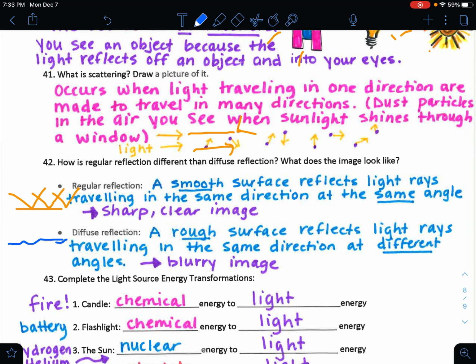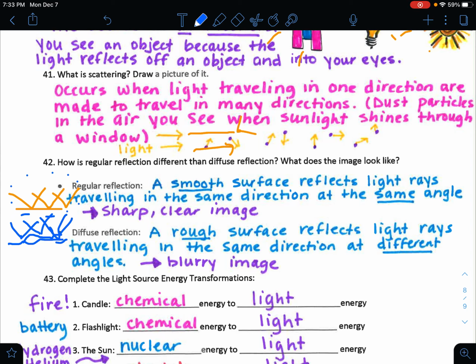Okay, but then we have this other. So this is going to be something with a little bumpier surface. So it's a rough surface. So these light waves still want to come in straight. Okay, they still want to come in, but the surface that they're bouncing off of is irregular. So it causes them to bounce up, not perfect. The law of reflection, with this one here, it's bouncing up at the same angle.